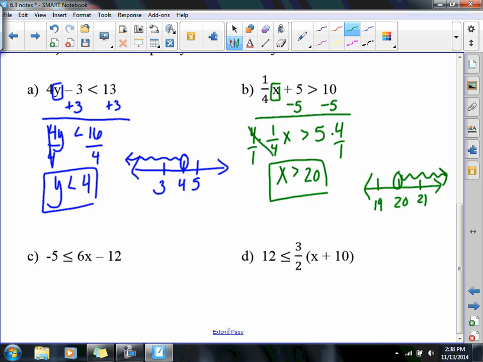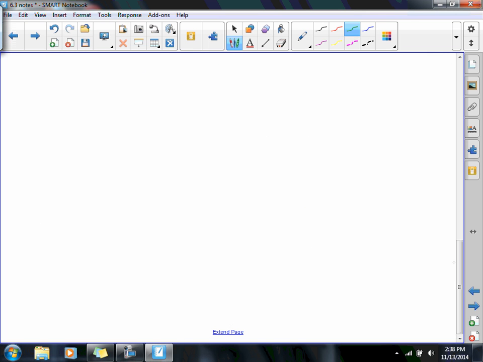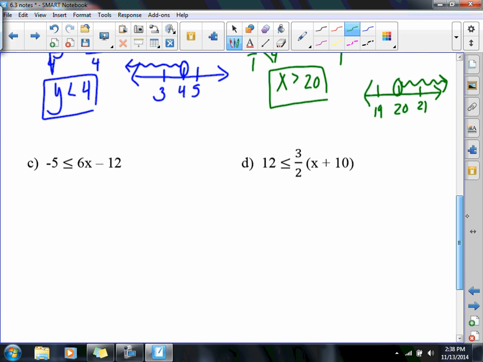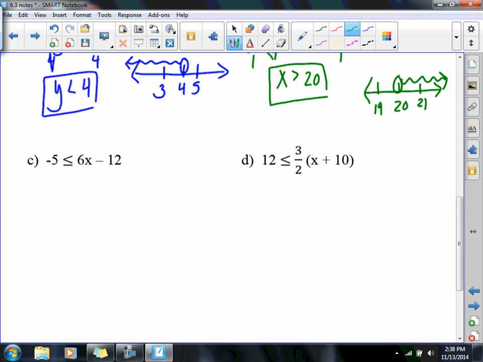Okay, for part C, I'm going to get x by itself, and then I'm also going to have to rewrite my answer so that the variable's on the left side. So if I'm solving for x, I'll have to undo this subtracting by 12. That will be my first step.